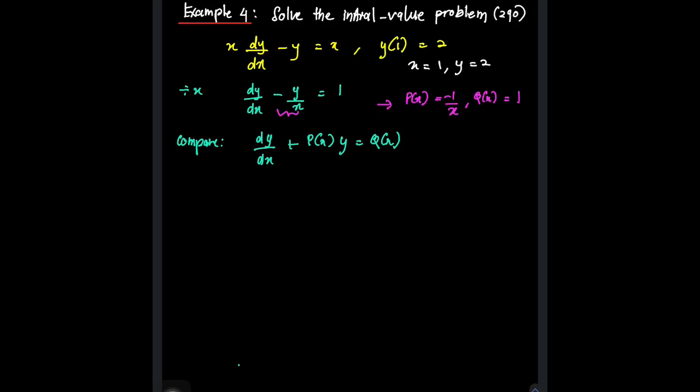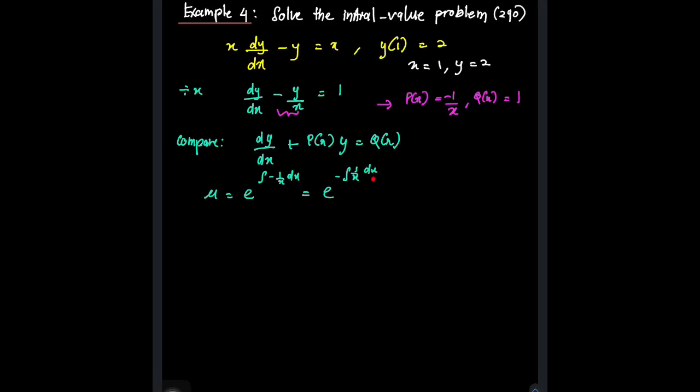Then what is the next step? You need to find the integrating factor. So mu is equivalent to e to the integral of p(x). Your p(x) is negative 1 over x dx, or we can rewrite as e power of negative integral of 1 over x dx.